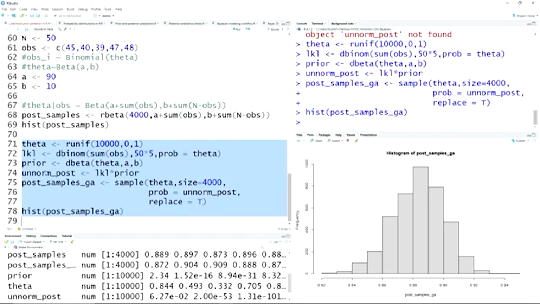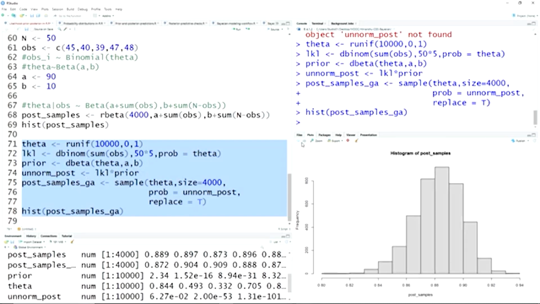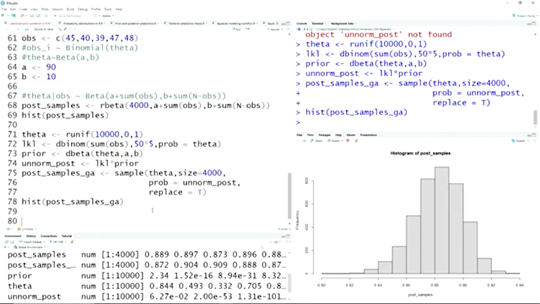And this is how it looks. Okay, so it seems to look slightly different from the analytically derived posterior. So let us compare them. Let us see how close we are to the analytical posterior. So how do we compare them? We can use ggplot.